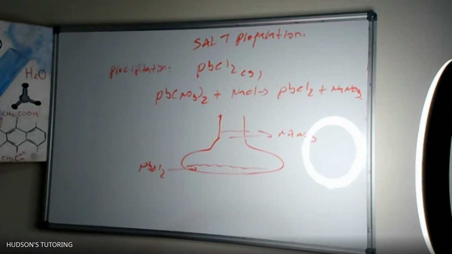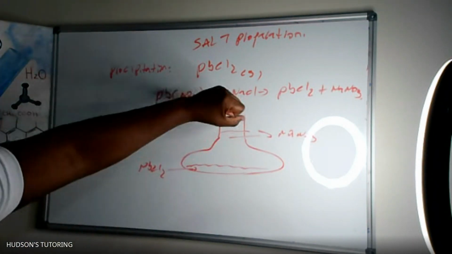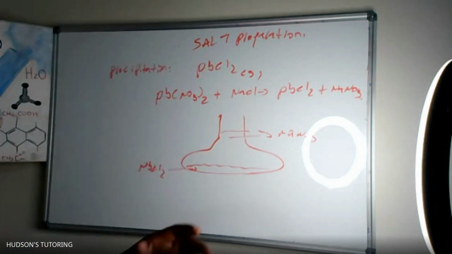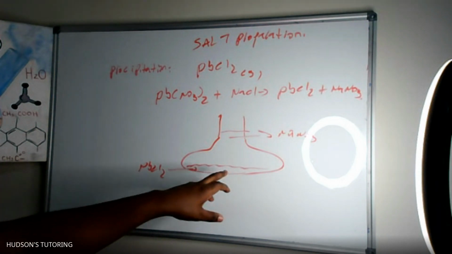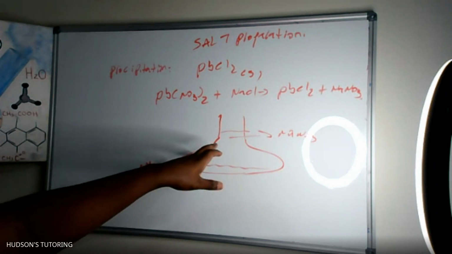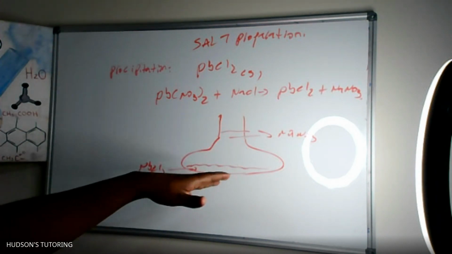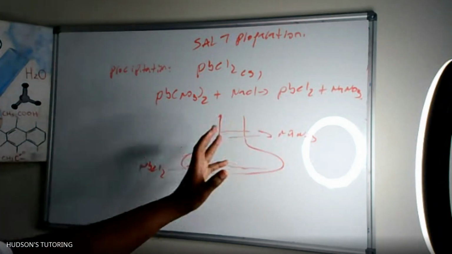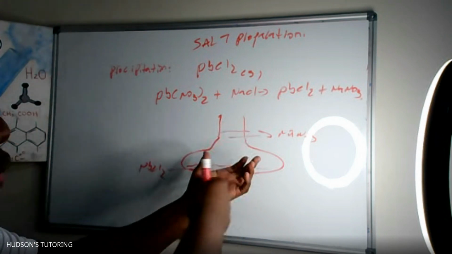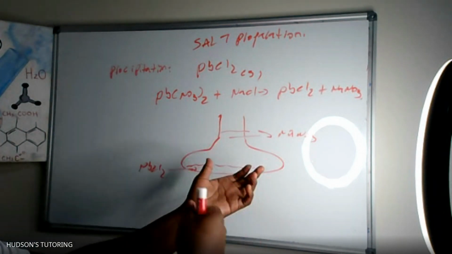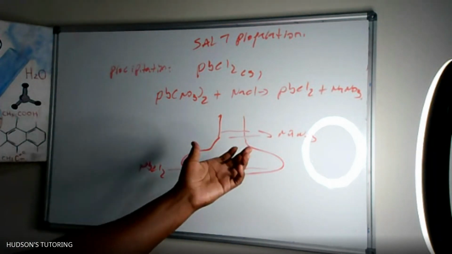All we need to do is either decant, just pour it off, or filter. If we filter, the lead chloride will be in the residue on the filter paper while the sodium nitrate passes through. If it's in the filter paper, we can take a wash bottle with distilled or deionized water, because we don't want to contaminate the salt.